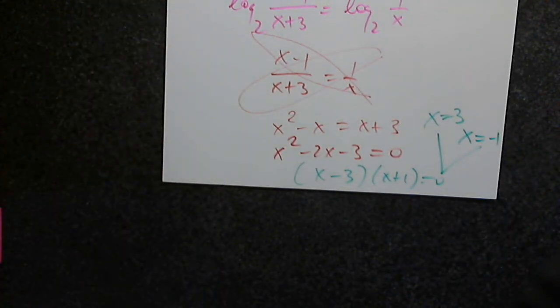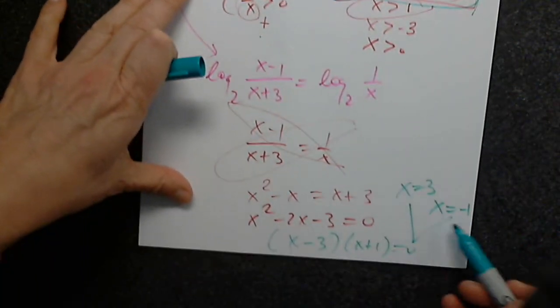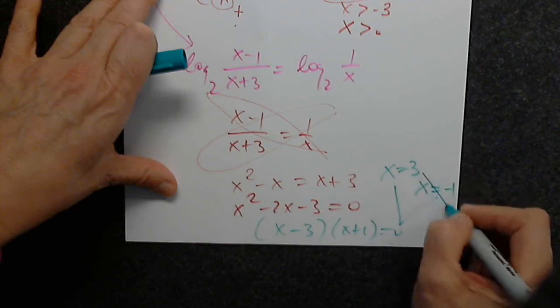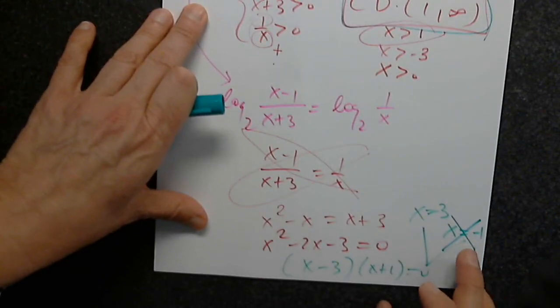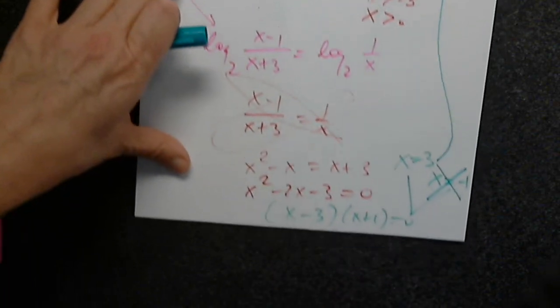And you should say, not so fast. What do I mean by not so fast? You just determined the common domain. It's very clear that negative 1 is not considered a solution. That's the only one. Or you go back and check.